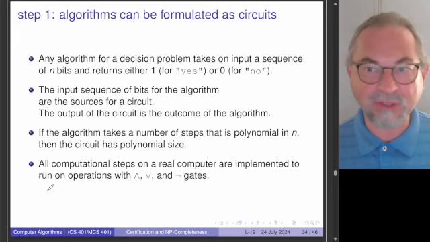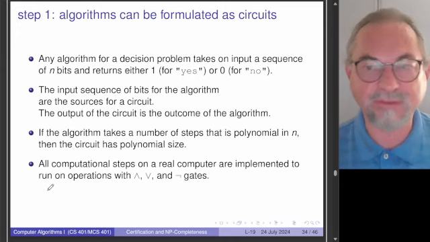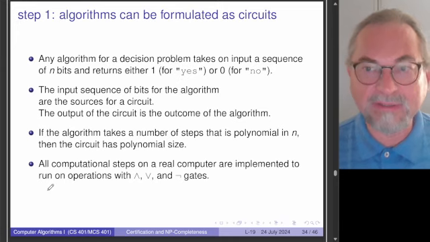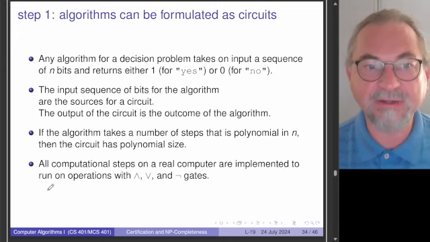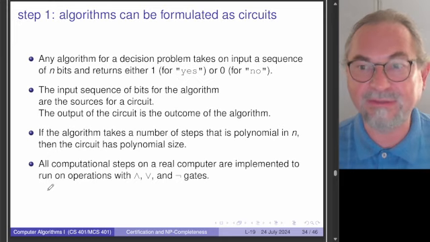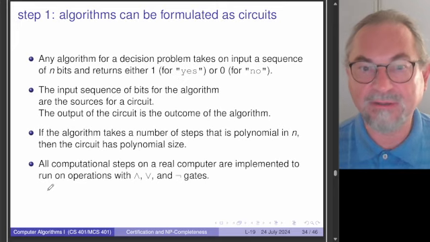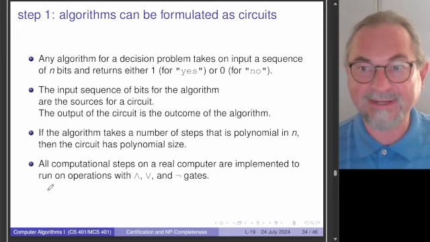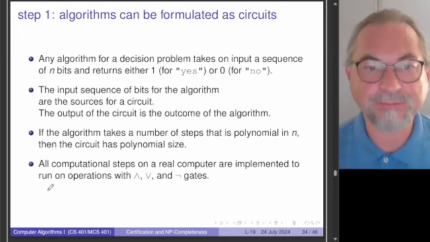So n can be any number, but it should be finite. So the input bits are the input nodes, and the output, yes or no, is actually the outcome of the algorithm. So our algorithms have one sink and multiple sources.